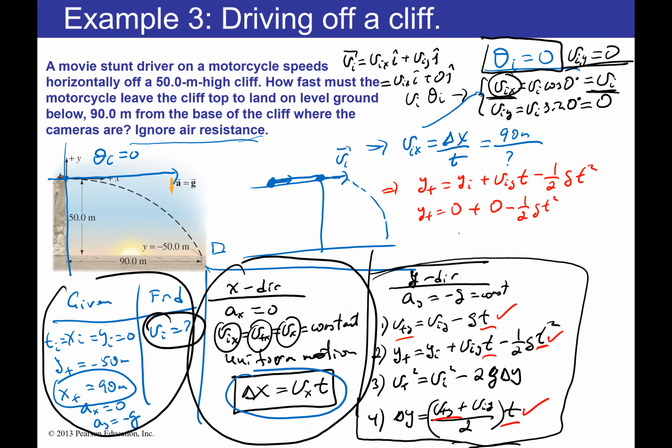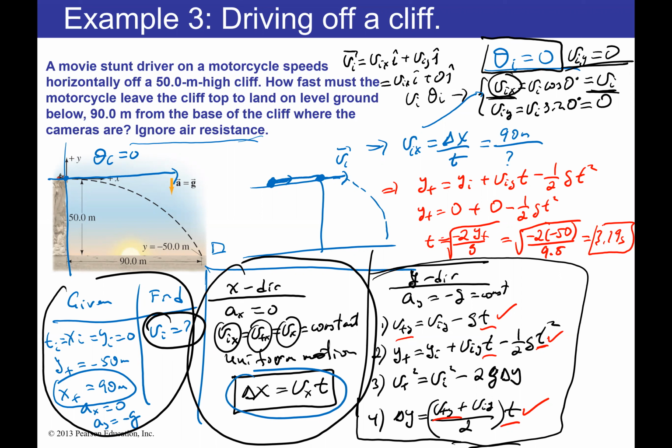I'm sure you can do this. This becomes the square root of negative 2 times y final divided by g, because t is squared. So t equals the square root of negative 2 times negative 50, because y final was negative 50, divided by 9.8. The time in this case is going to be 3.19 seconds.